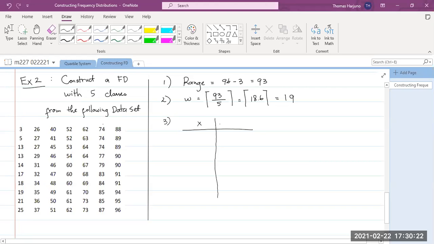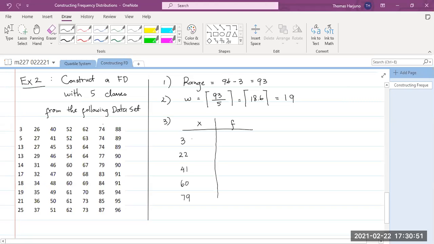This is the X frequency. Start from 3, plus class width 19 becomes 22, plus class width 19 becomes 41, plus class width 19 becomes 60, plus class width 19 becomes 79. 5 classes, that's how I know I stop at 79.